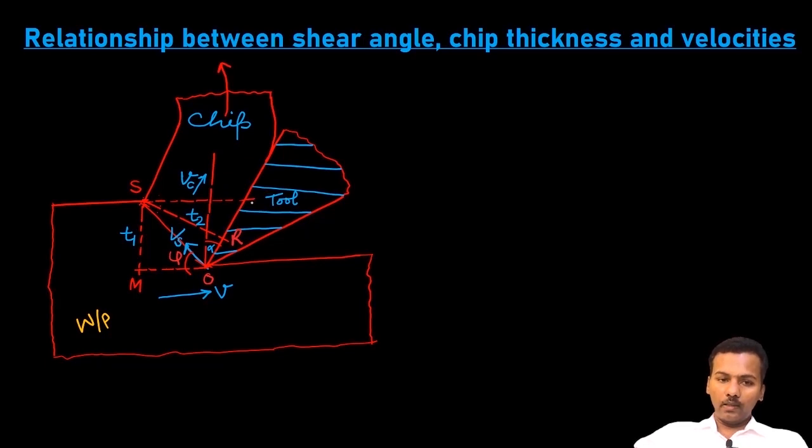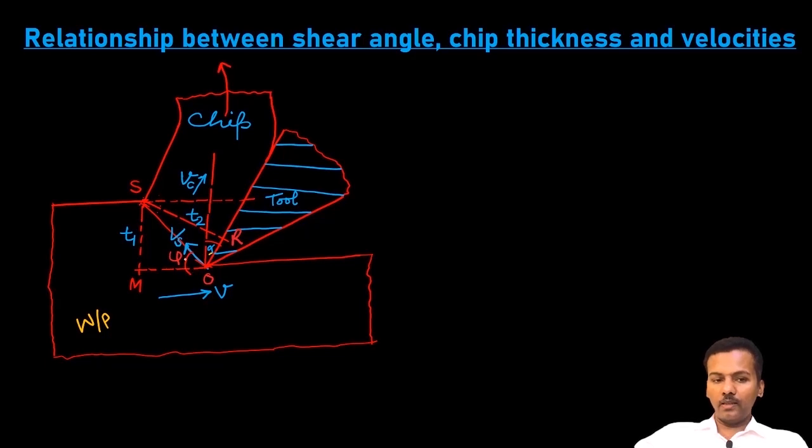As you know, the inclination of this rake surface normal to the finished surface is given here, that is the alpha angle, the rake angle, and the shear angle is the inclination of the shear plane with the finished surface.